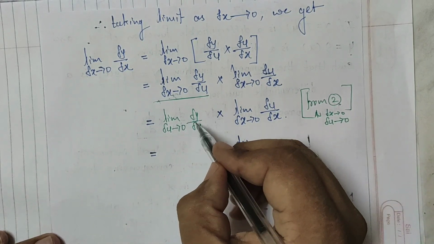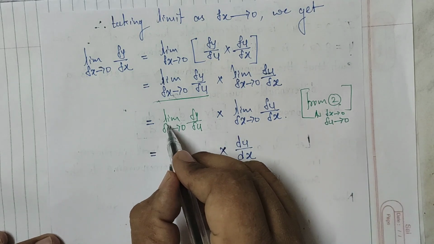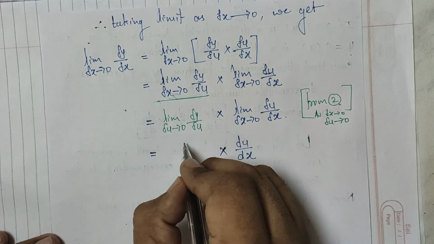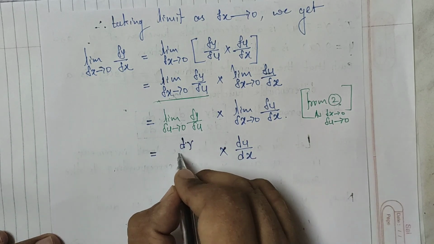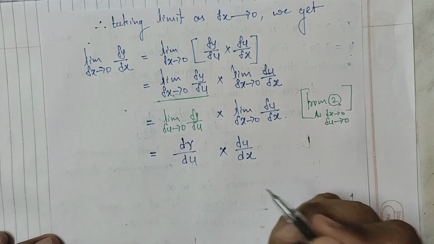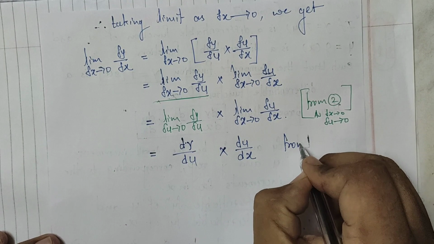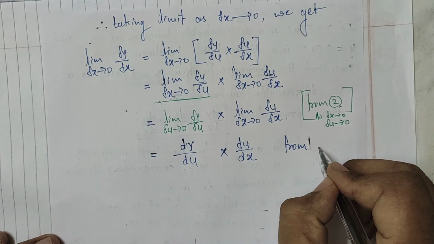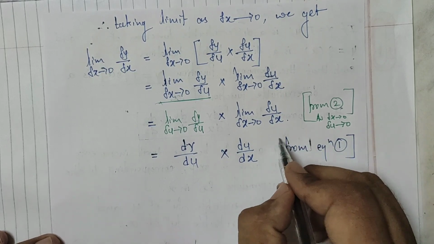Similarly here, limit of delta u tends to 0, delta y upon delta u. This is also written in which form? Dy upon du. How is it possible? From equation first. What is equation first?